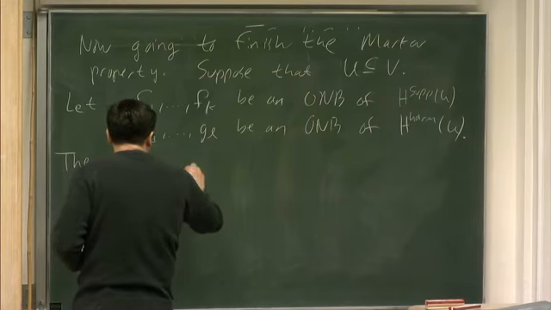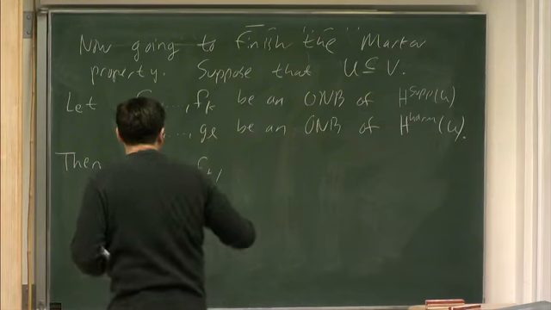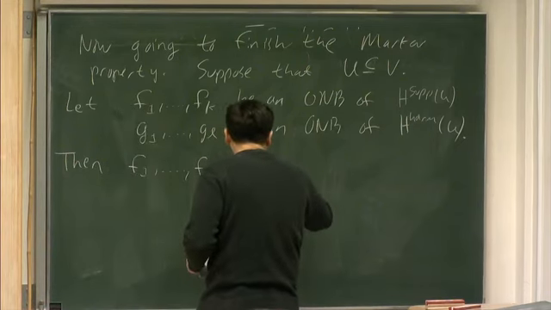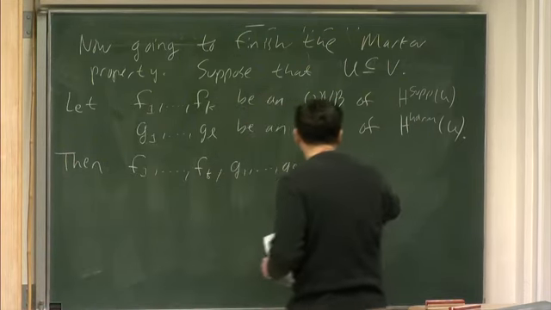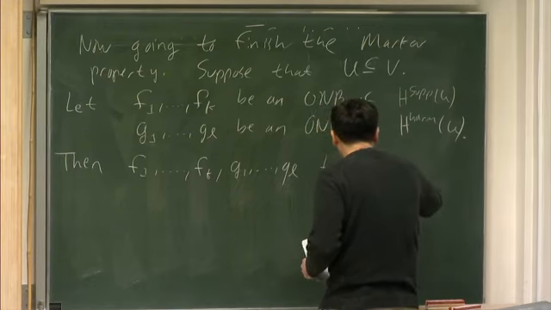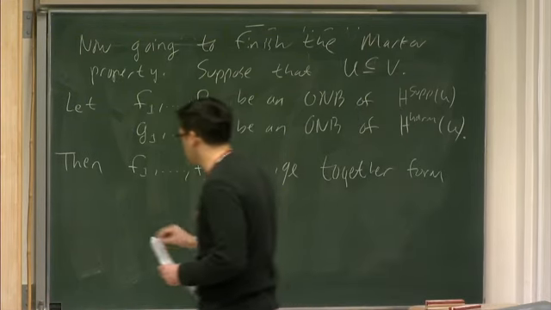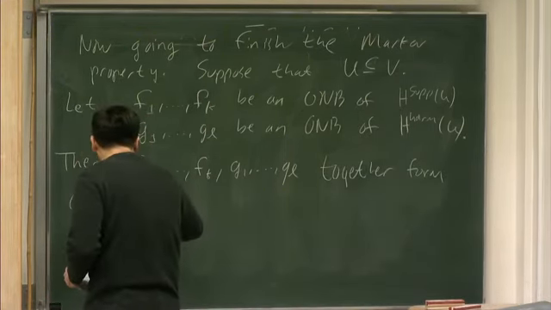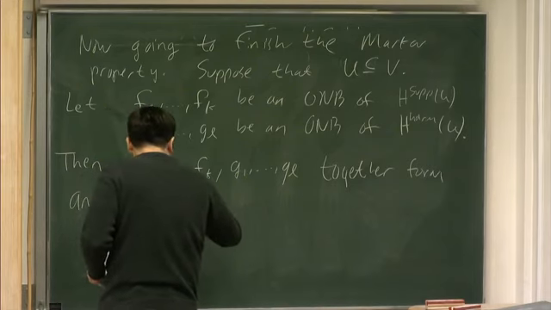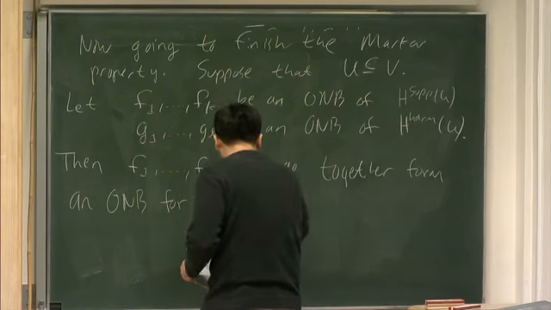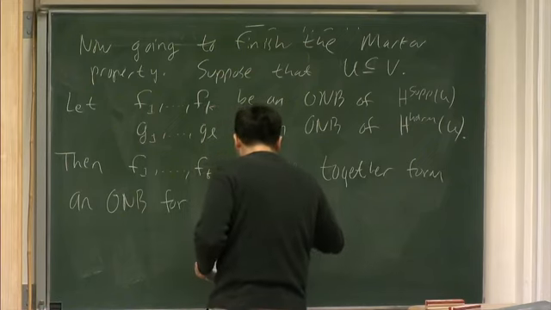So then f1 up to fk and g1 up to gl, these guys together form an orthonormal basis for our big space h of g.